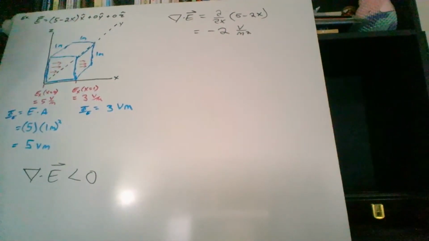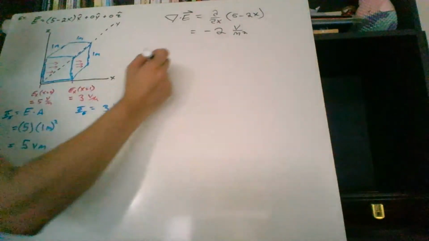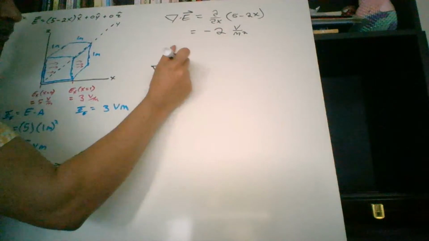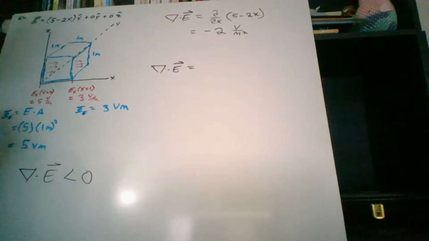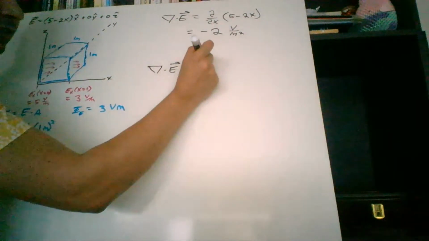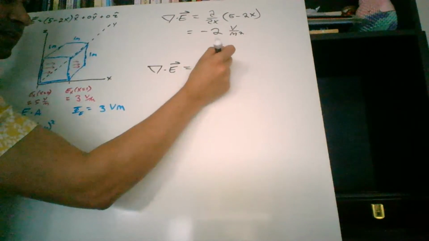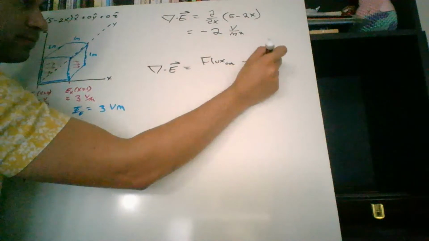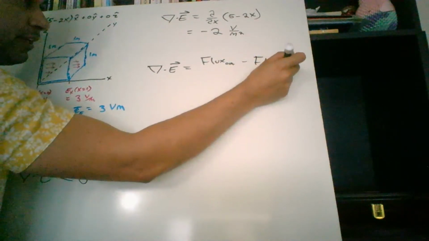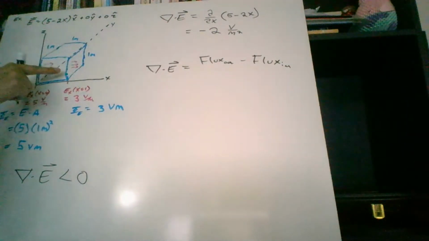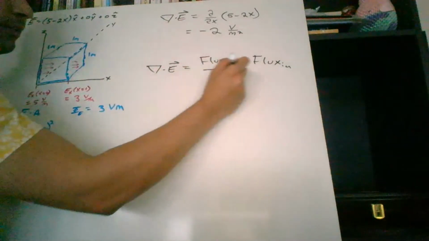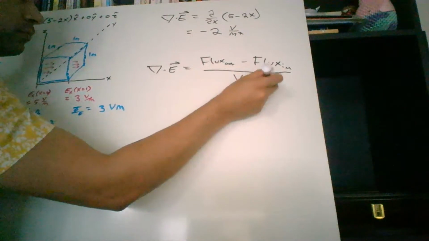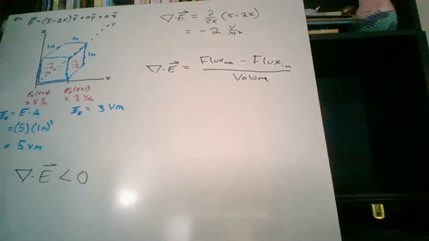There's another way we can do this, and it's actually a little bit easier, but it takes a little getting used to why this is true. We can say that here's your new equation for the divergence. It's going to be the flux coming out minus the flux coming into the box, divided by the volume of your object.